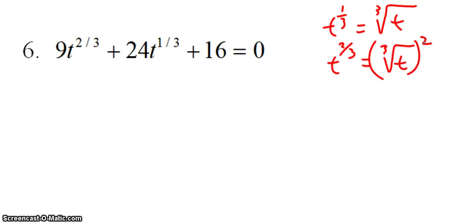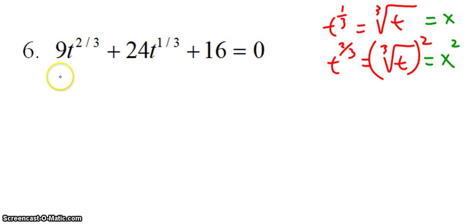So this is an example where you could do a substitution if you want. You do not have to write this, but if it helps you, then do this. So I'm going to say that t to the 1/3 is actually x. And so then t to the 2/3 would be x squared, because this is the cube root of t squared, so this term is squared.